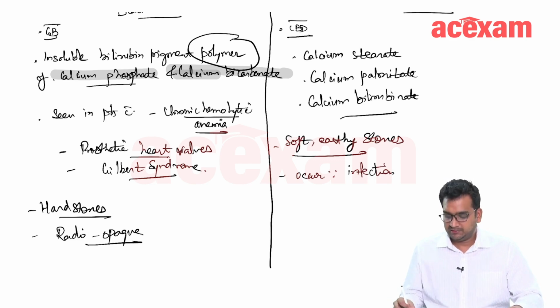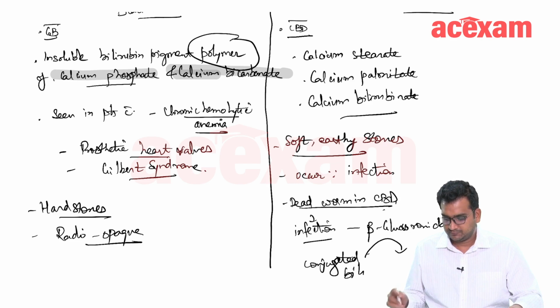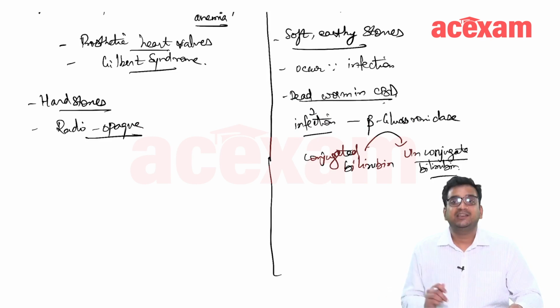Whenever there is a presence of dead worm in the CBD, then there is superadded infection, and this infection releases beta glucuronidase, which converts conjugated bilirubin into unconjugated bilirubin, and leads to precipitation and formation of stones.